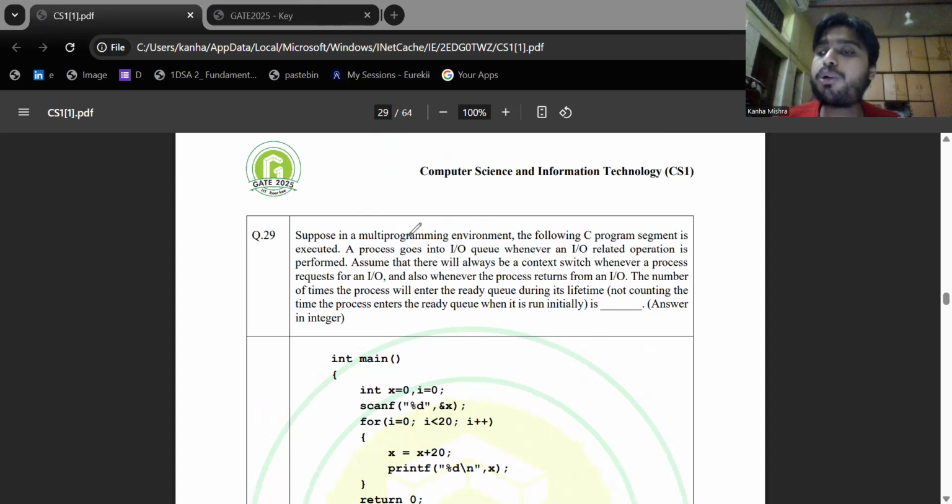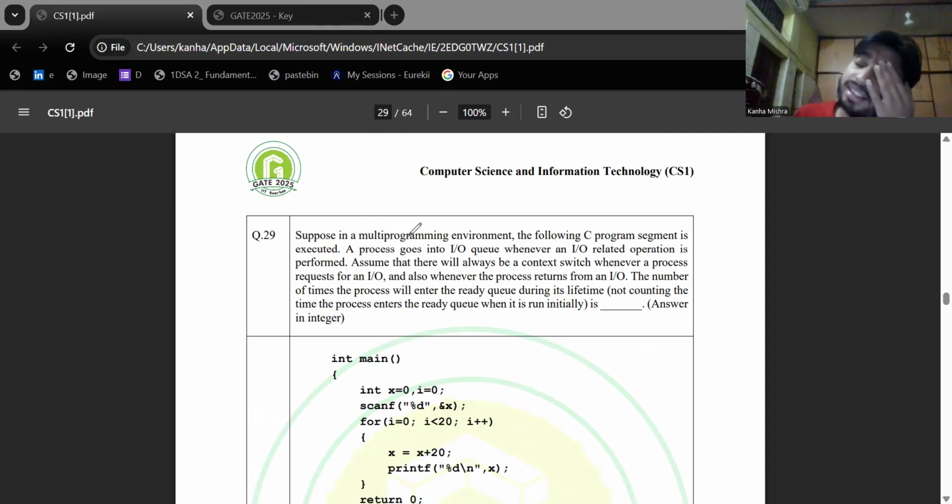So the total input output operations is one scanf plus 20 printf, which is equal to 21. When does the process enter the ready queue? We don't count the first time it enters the ready queue at the start. But for each input and output, when the process requests an input and output, it goes into the waiting or the blocked list. Once the input output is done, the OS places it in the ready queue.